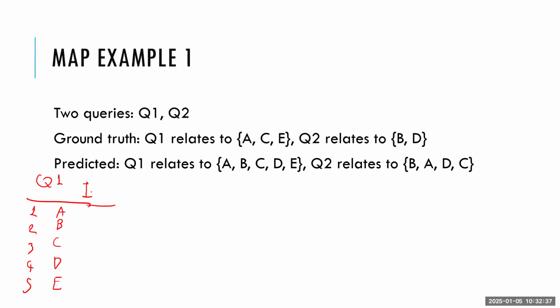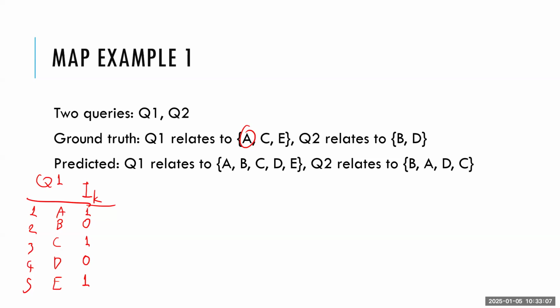So for Q1, my positions 1, 2, 3, 4, 5 are A, B, C, D, E. And what is my indicator at K? A is relevant from the ground truth, so the indicator is 1. B is not relevant, so in that case it's 0. C is relevant, D is not relevant, E is relevant, right? This is just from the ground truth.